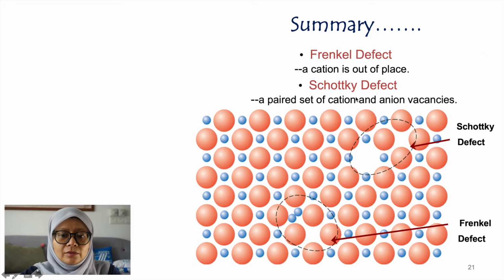This is the summary of the Schottky defect and the Frenkel defect. The first is a pair, a set of cation and anion vacancies. And this one is the Frenkel defect, where a cation is out of place, it should be here, and then this cation moves around and sits itself here.